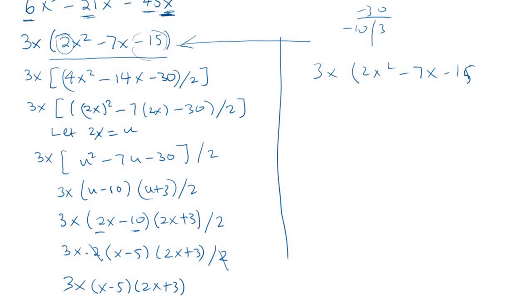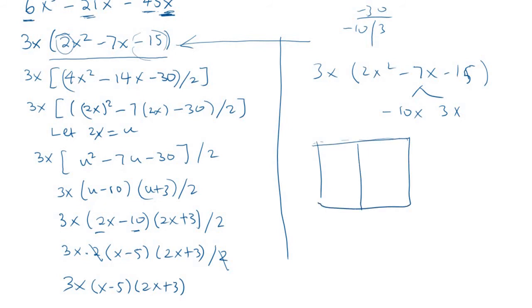Remember, this is another way, so don't confuse them. I'm going to replace the middle term with negative 10x and then 3x, and then I'm going to set up the box. If this works better for you, go for it. So this is going to be 2x squared and then negative 10x and then 3x. I'm putting these on the diagonal, and then negative 15 over there.